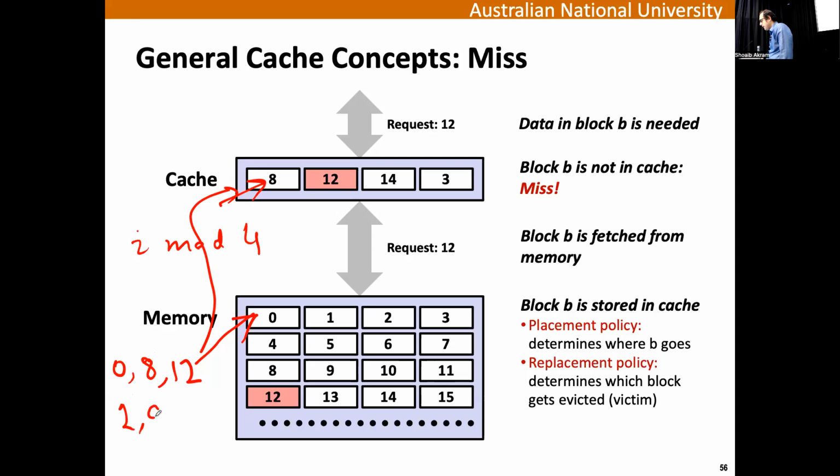And 1, 9, and 13 will all conflict for the next one. So conflict is when you restrict your placement policy, when your placement policy is not that a block can go anywhere. When you restrict it, you end up with multiple blocks at level k+1 mapping to one block at level k.